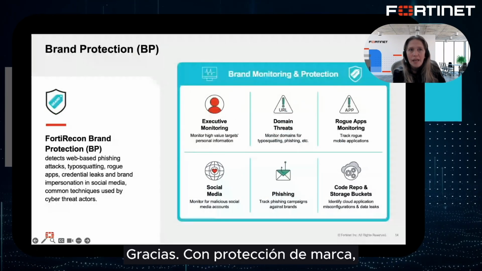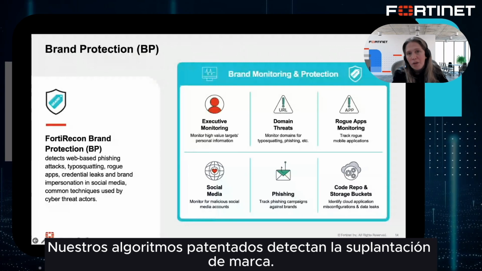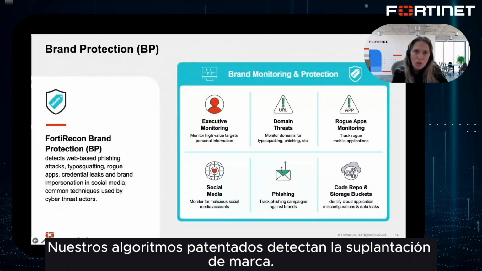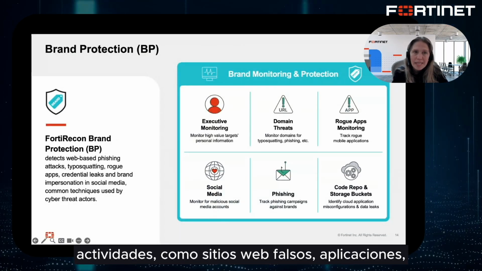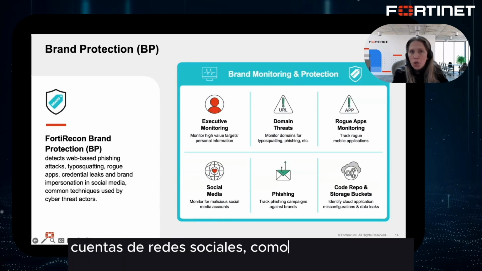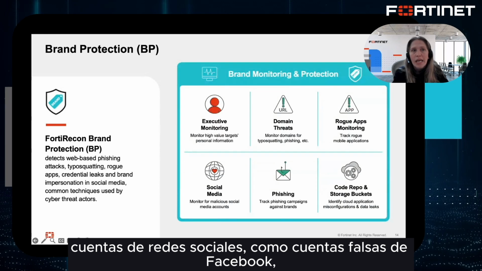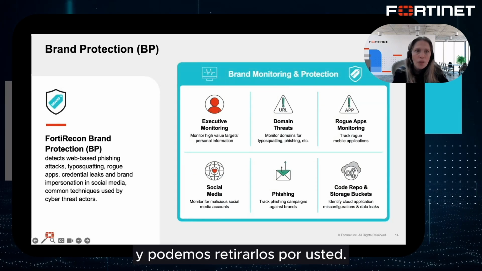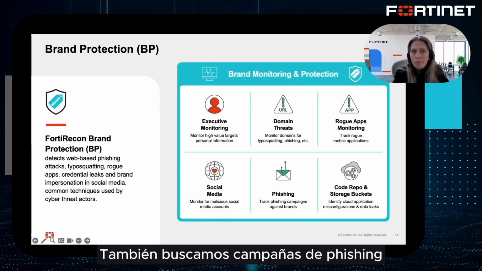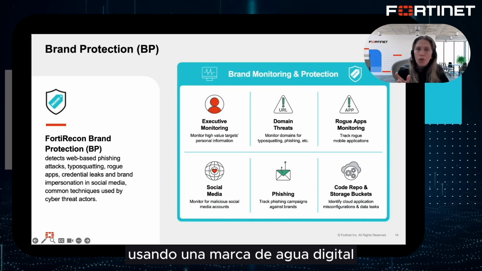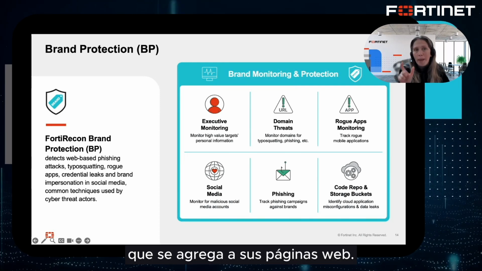Thank you. And with brand protection, our proprietary algorithms detect brand impersonation activities such as fake websites, applications, social media accounts, such as fake Facebook accounts, and we can take them down for you. We also look for phishing campaigns using a digital watermark that is added to your web pages.